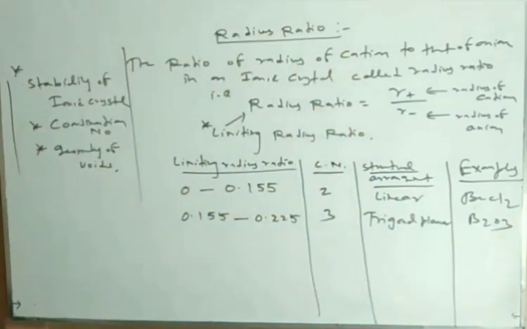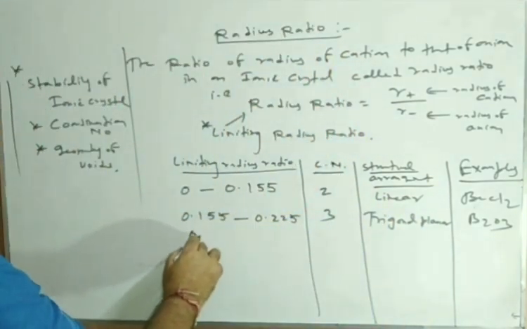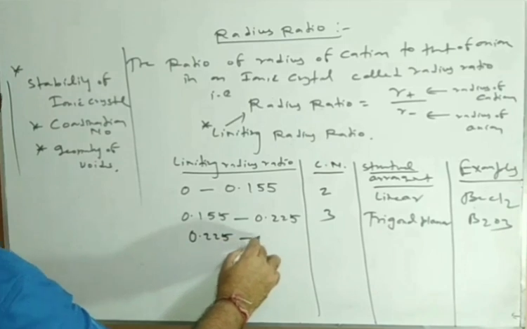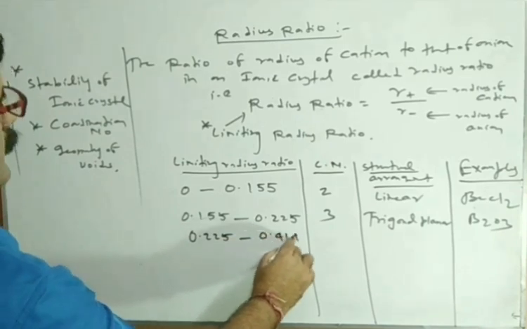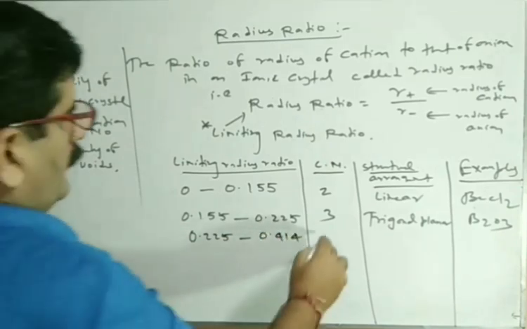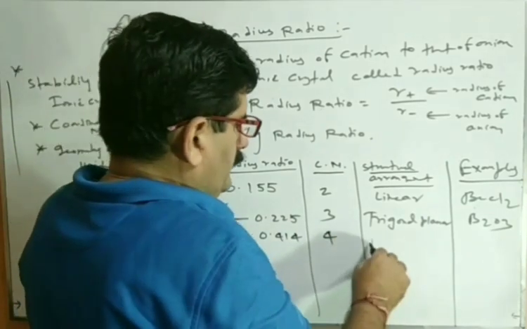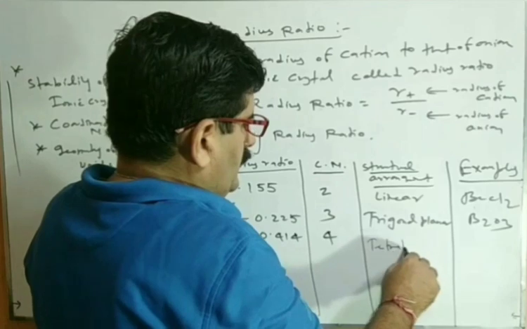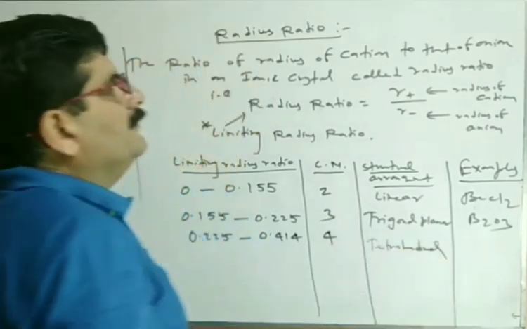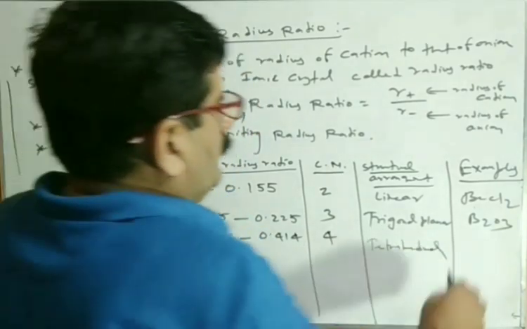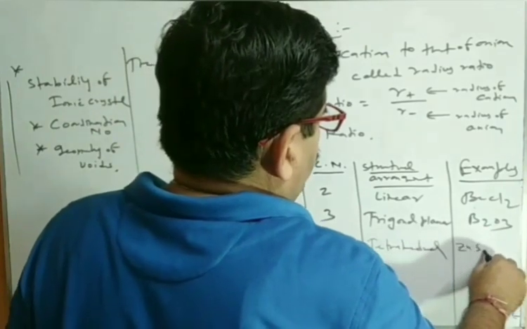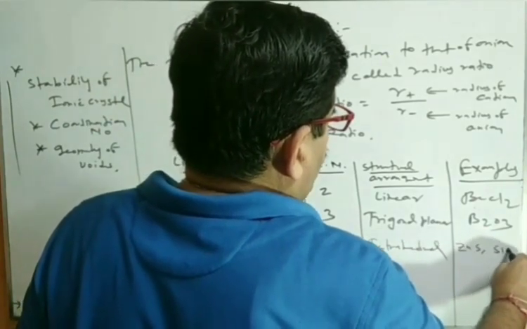The next one, the range 0.225 to 0.414. The coordination number 4, structural arrangement, that is geometry, tetrahedral. Example becomes ZnS, or you can write silicon dioxide.